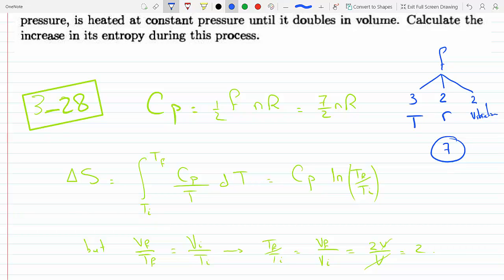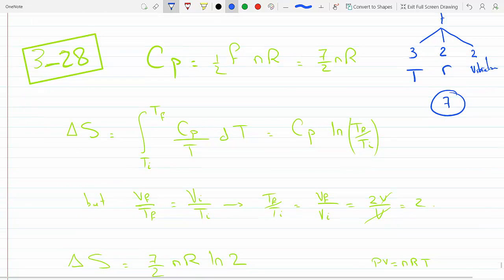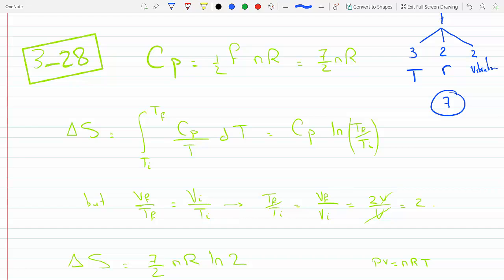Okay, so back to entropy. I would integrate from Ti to Tf Cp over T dT. So this would be ln T evaluated from T initial to T final. However, I don't know the ratio of temperatures. I know the ratio of the volumes, and for an ideal gas, since the pressure is remaining the same, the ratio between volume and temperature has to stay the same.